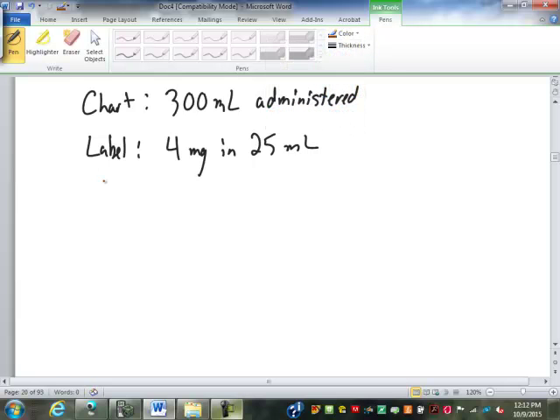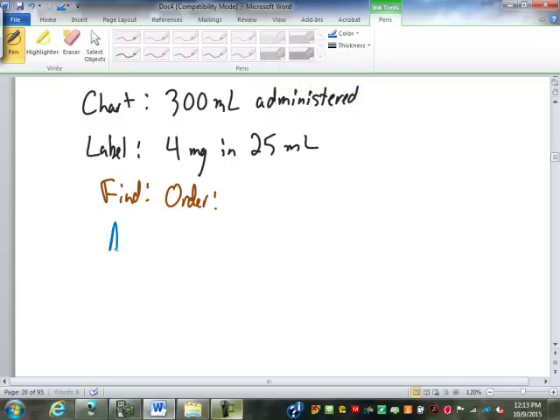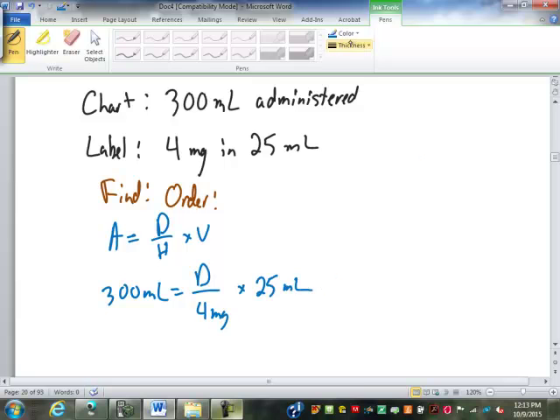Find the doctor's orders. So try that in your notes. So when we set this up, do we know A? Yes, that's going to be 300 milliliters. D is what we're looking for. H, 4 milligrams, and V, 25 milliliters.